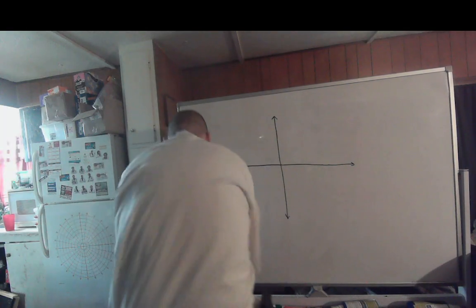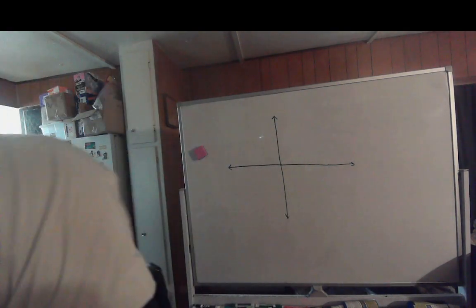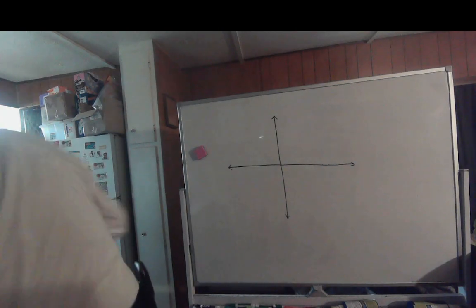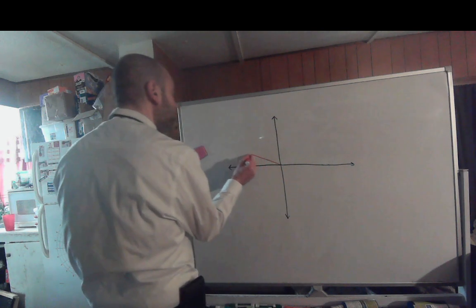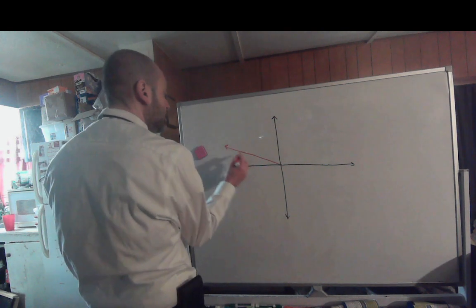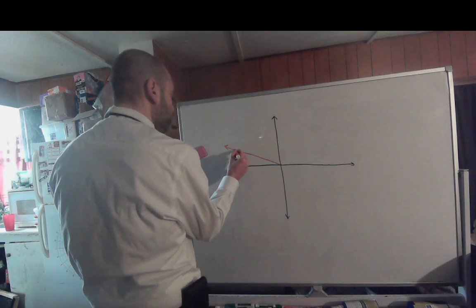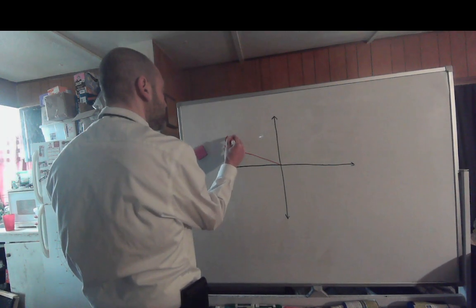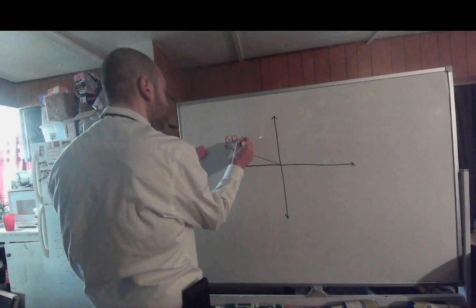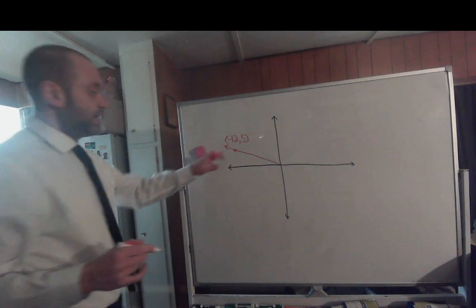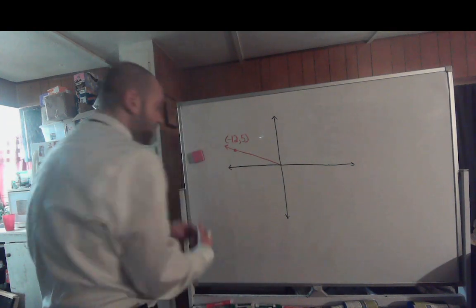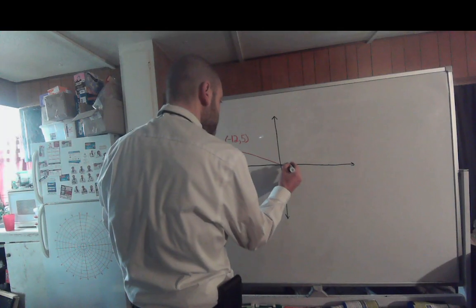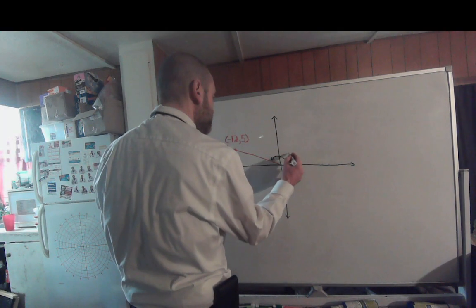All right, so we have our first one here. We have the coordinate negative 12, 5 on the terminal side of the angle. So here is our angle, here's theta.